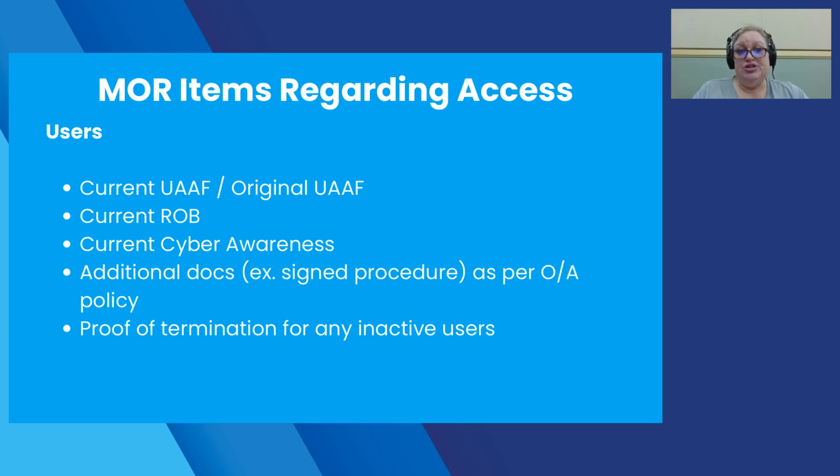A current rules of behavior, a current cyber awareness. So that cyber awareness or cybersecurity is going to be dated within 12 months. Any additional documents that the owner agent requires as part of their policy, and proof of termination for any inactive users.